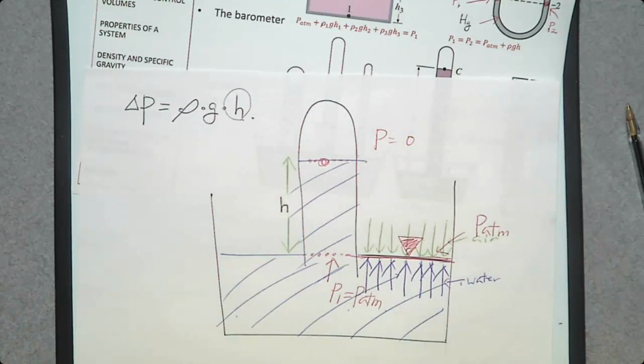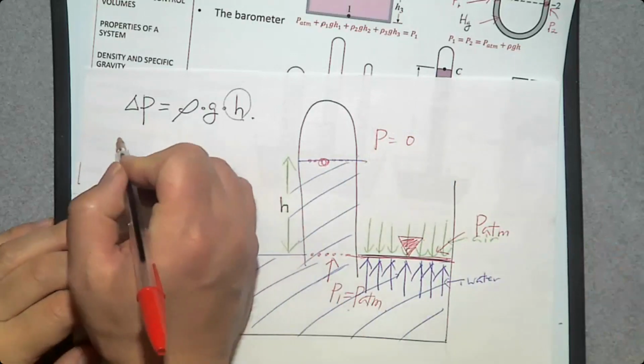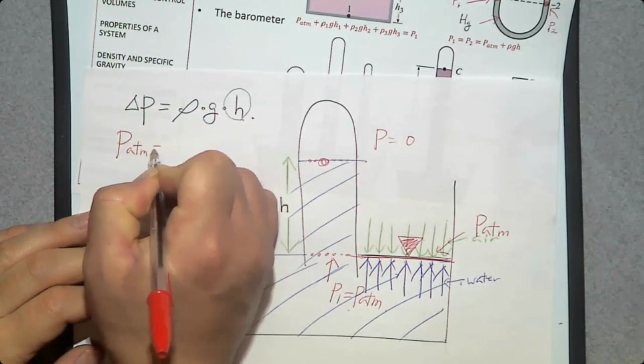What is delta P? Between P atm and zero, which one is greater than the other? It's a very silly question, right? Of course, P atm is greater than zero, because pressure cannot be a negative value. The delta P is P atm minus zero, so it is P atm. P atm is what?